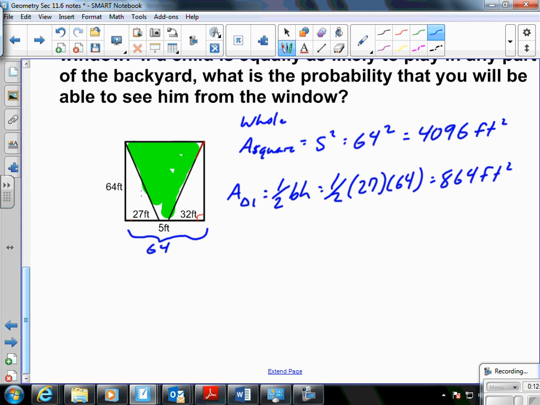Now I need the area of the other triangle. Area of triangle 2. That one is 1/2 of 32 by 64. So multiply that out.